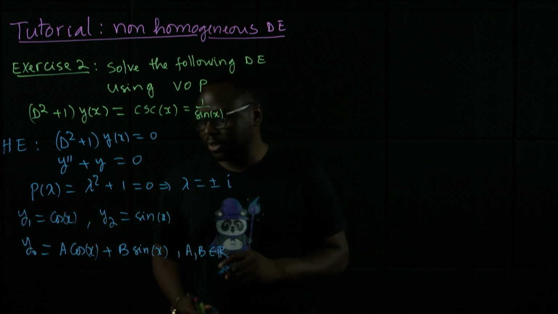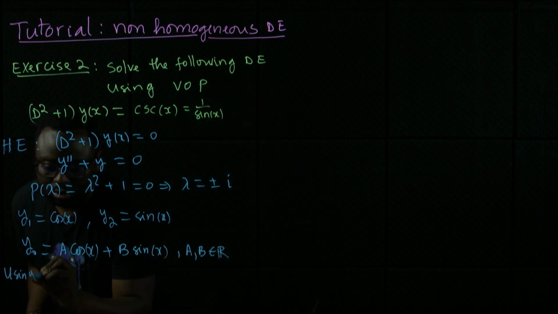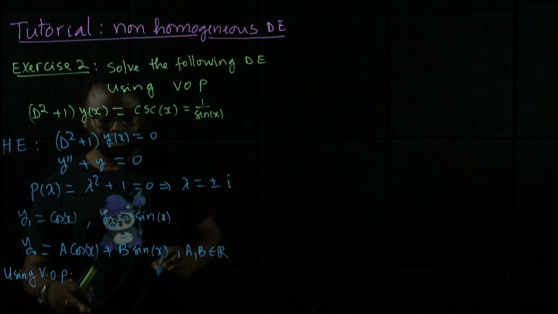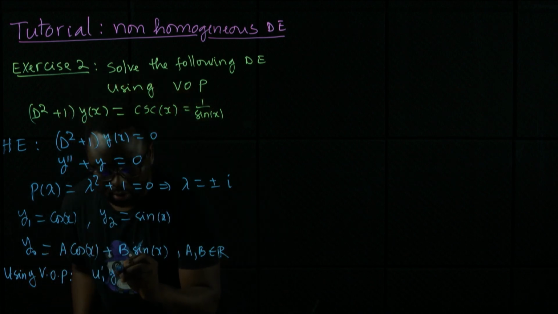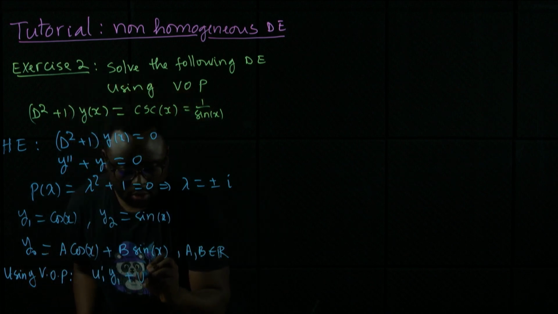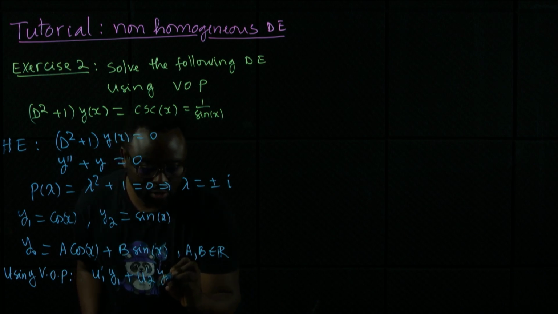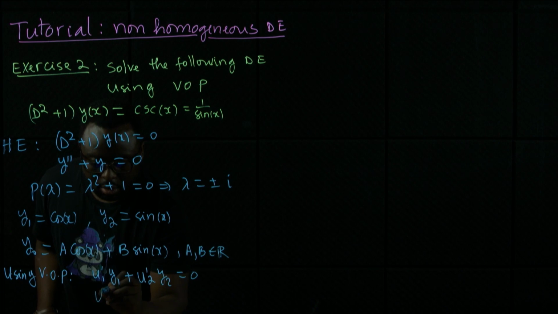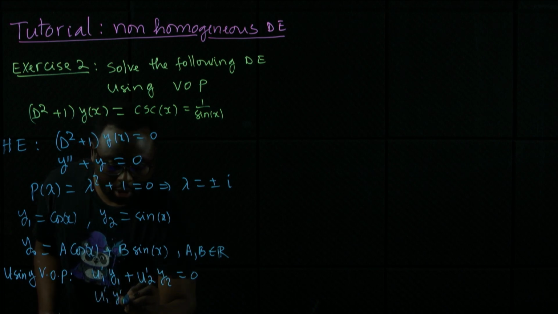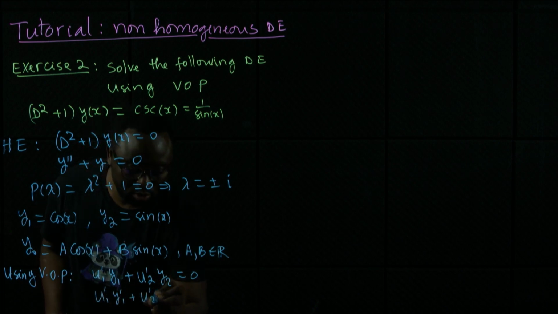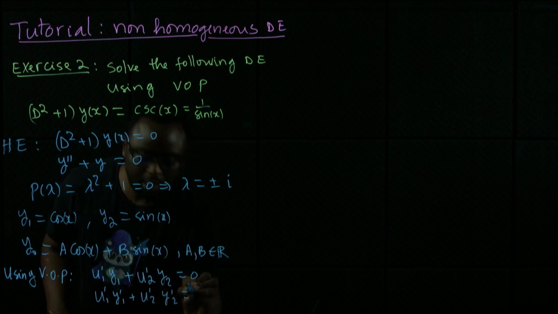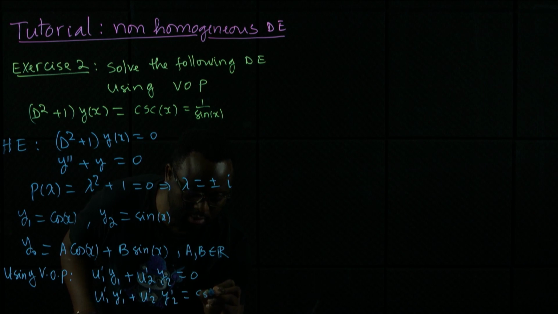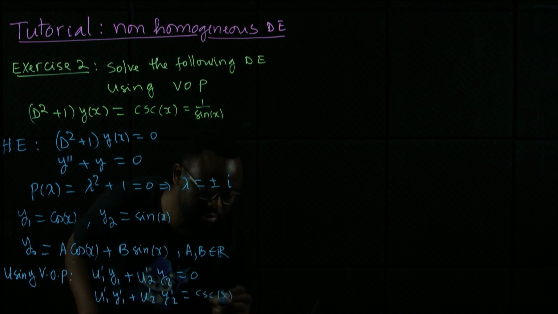So to find the particular solution using variation of parameters, we have the following: u1' y1 + u2' y2 = 0, and the second equation is u1' y1' + u2' y2' = the right hand side, which is cosec of x.